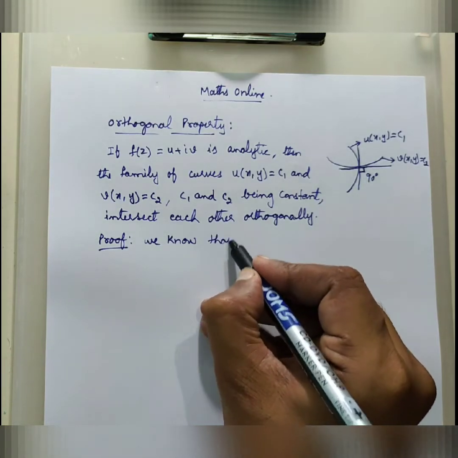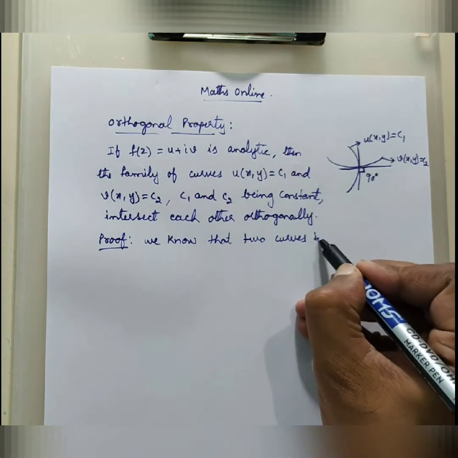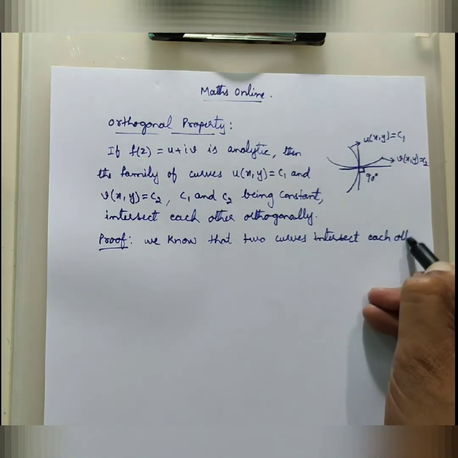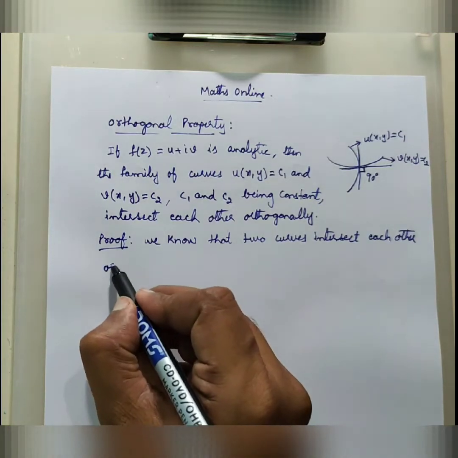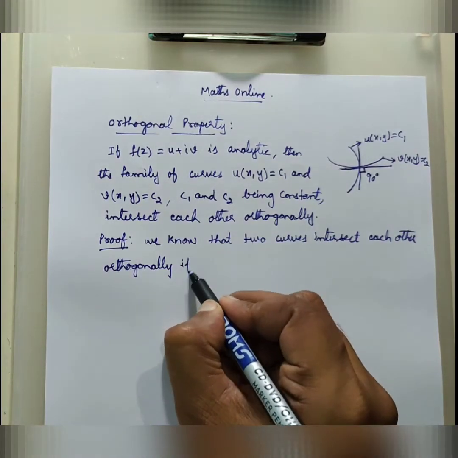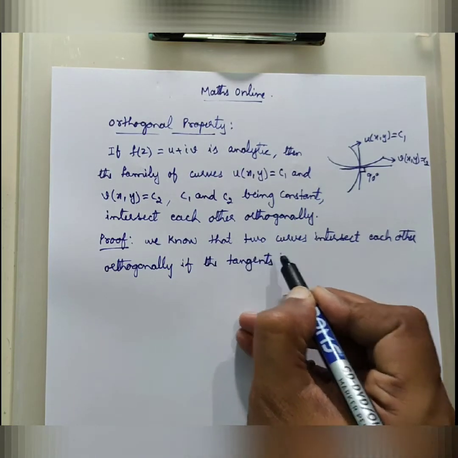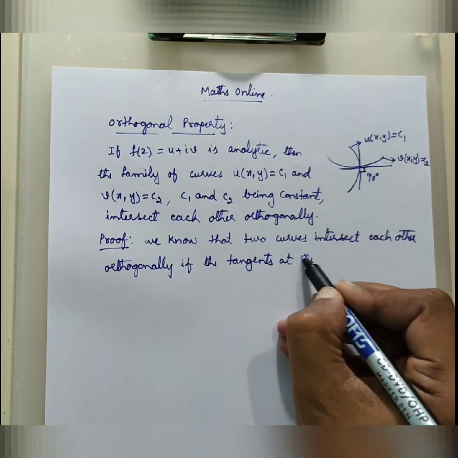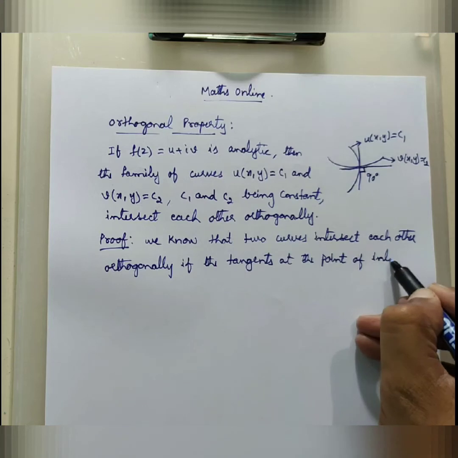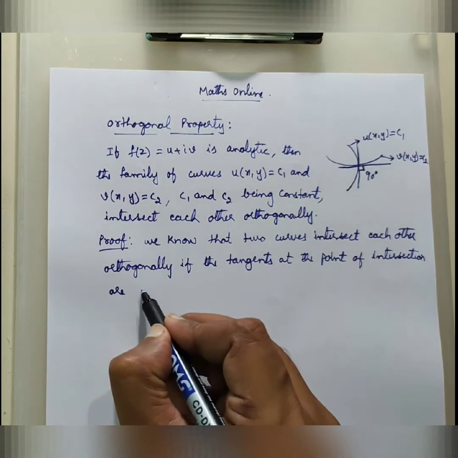We know that two curves intersect each other orthogonally if the tangents at the point of intersection are at right angles.